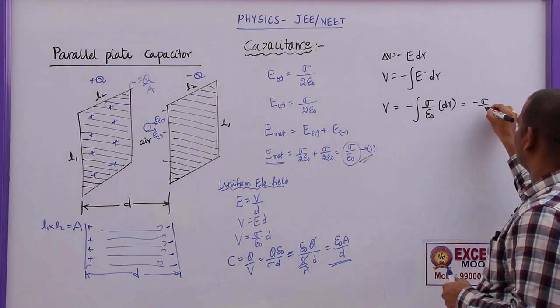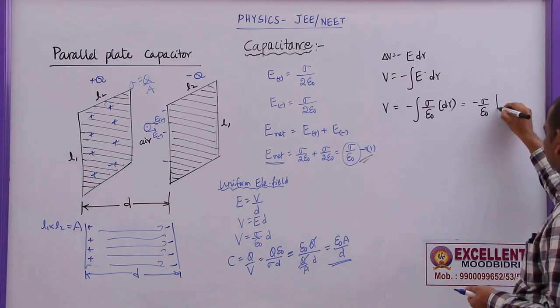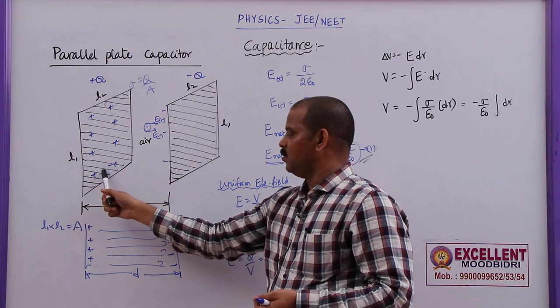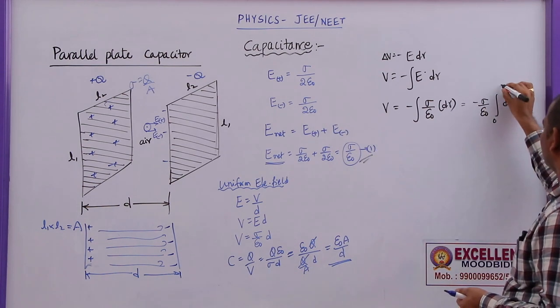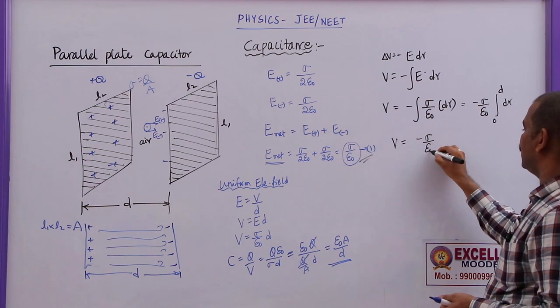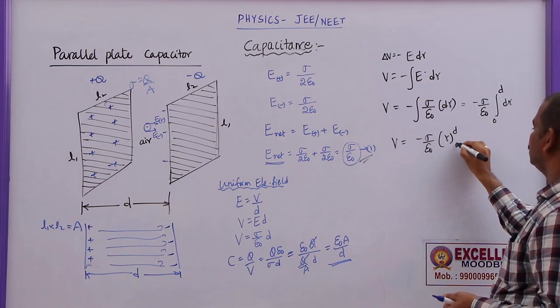So, minus sigma by epsilon naught, this will be integral dr, the minimum value of r is 0 and the maximum value is d. So, limits are 0 to d. So, the potential difference is given by minus sigma by epsilon naught, integral dr will be r with limits 0 to d.